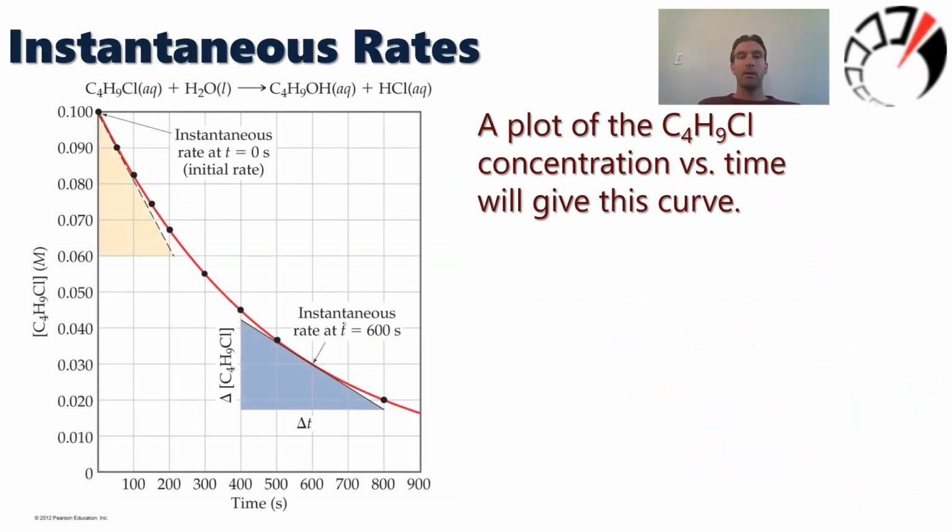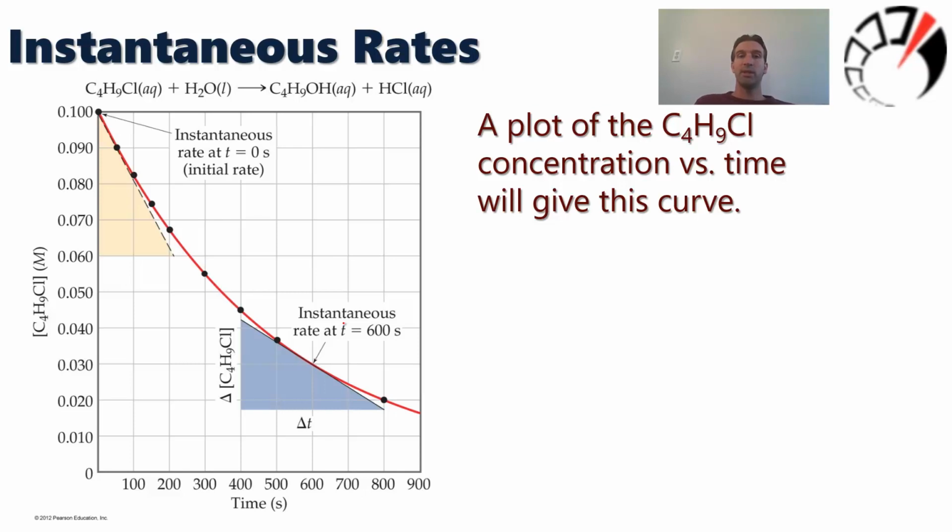Now, instantaneous rates are going to give us the best approximation of the rate of a reaction. We consider the instantaneous rate because you'll notice that the rate is not constant here. We've got a curve. The rate changes over time. Given this curve, we want to approximate instantaneous rates. There are a couple of ways of doing this.